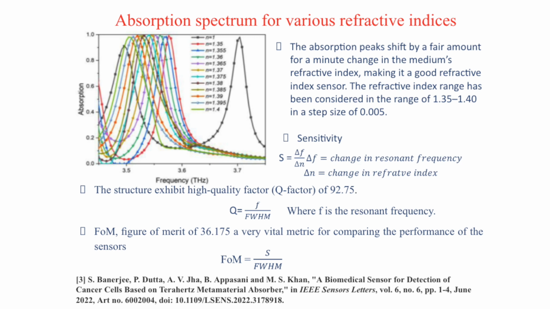As we can see clearly, if the refractive index varies from 1.3 to 1.40, then the absorption frequency of the absorber changes, and then we can classify whether the cell is affected or not affected.